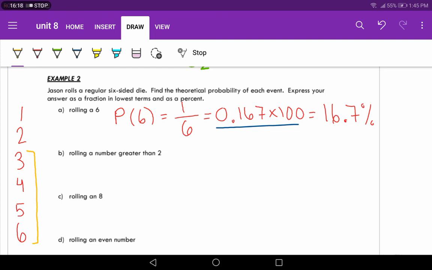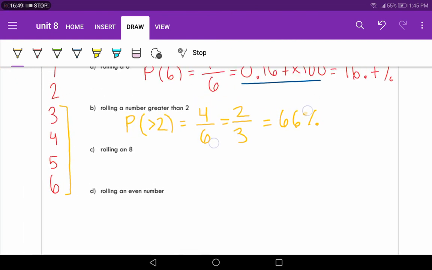So there are 4 options there, right? So the probability of getting a number greater than 2 is now 4 out of a total of 6 options. Okay, reduce that. So divide by 2, that's 2/3. Again, 2 divided by 3 times 100 will give you that percent. There's a 66% chance that we would roll a number greater than 2.